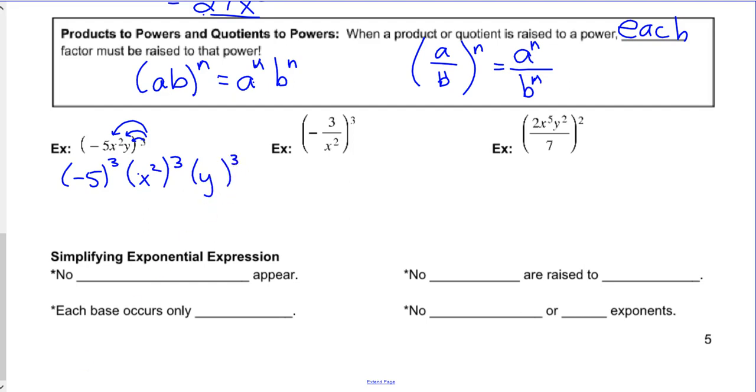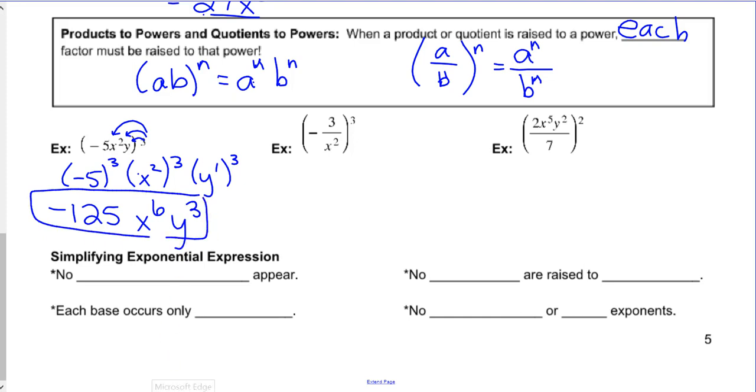All right, so I need to take -5 to the third power. -5 times -5 times -5 means that's -125. A base to two powers, which is just what we did previously as our power rule, means I have to multiply these two together, which gives me x to the 6th. And likewise, I have an invisible 1 here. One base to two powers, we're also going to multiply to give us y cubed. And that's the final answer for that one.